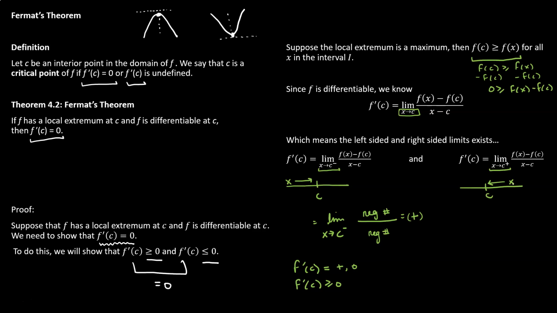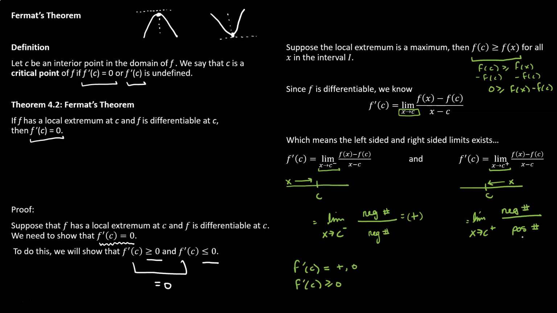This time x is approaching c from the right, meaning x is a larger number than c. So our right-sided limit, where x is approaching c from the right, the numerator is still some negative number, but the denominator, this time x minus c, is going to give us some positive number.